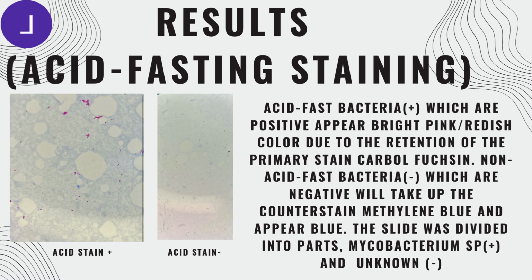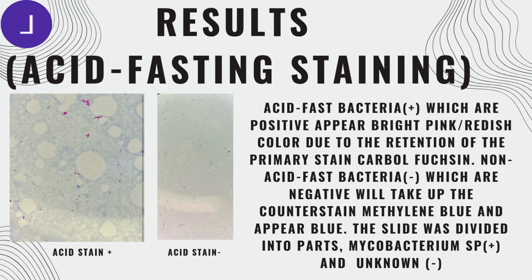For this test, we had an already prepared slide, so we didn't do the heat fixing, we didn't do the smearing, we didn't do anything. The slide was divided into two sides. One of the sides was with a positive bacteria, which was the Mycobacterium, and the other side was with a negative one, which was an unknown bacteria that we didn't know about.